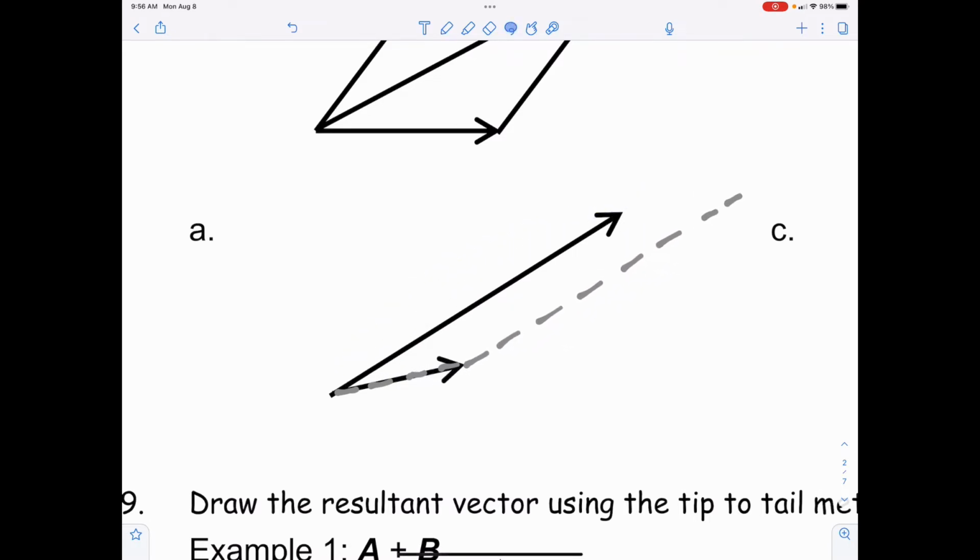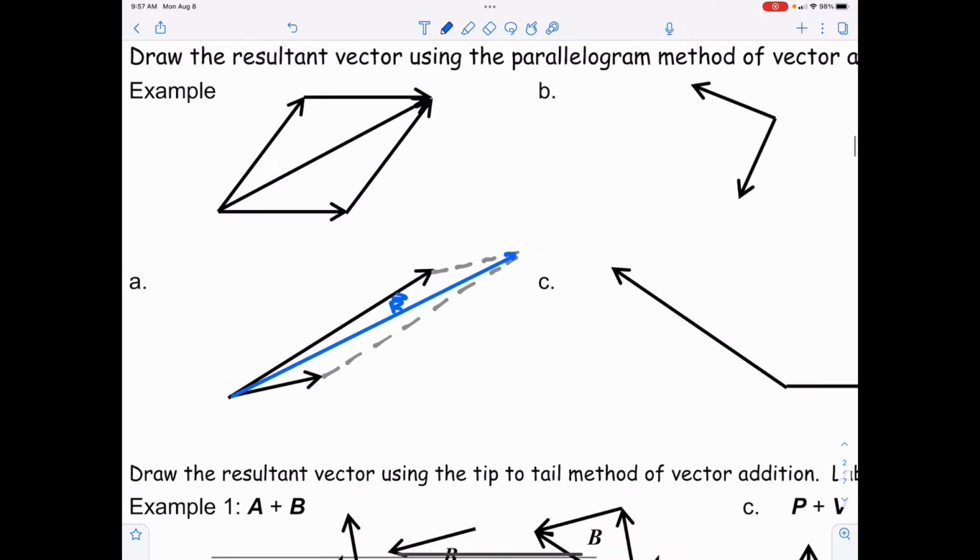Slide that on over. And the resultant vector is a straight line from start to finish. And I'm going to go ahead and highlight that just because.